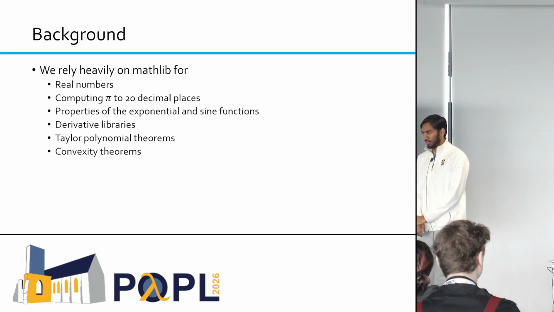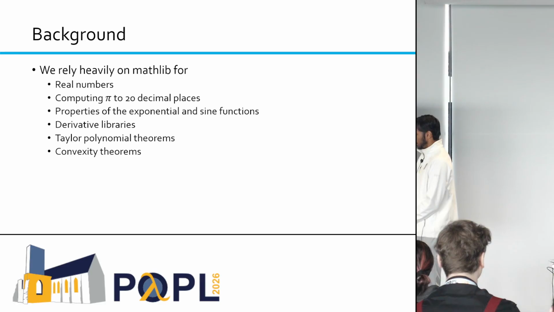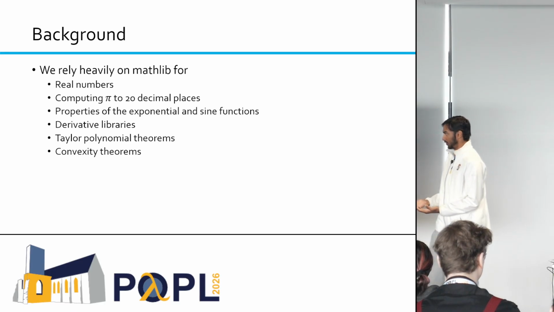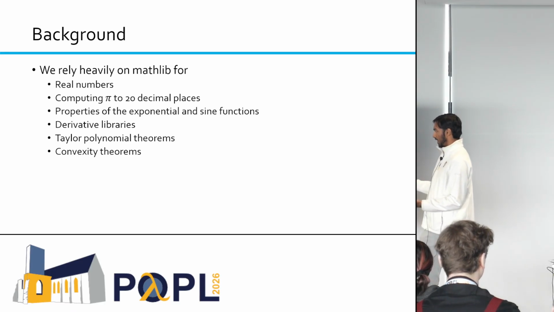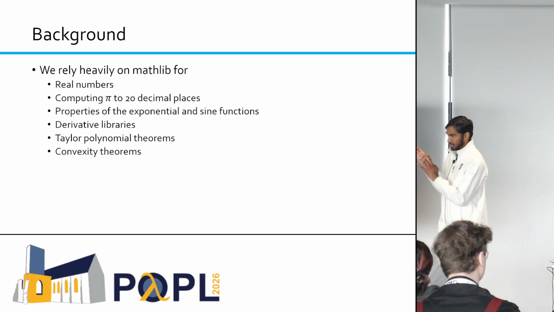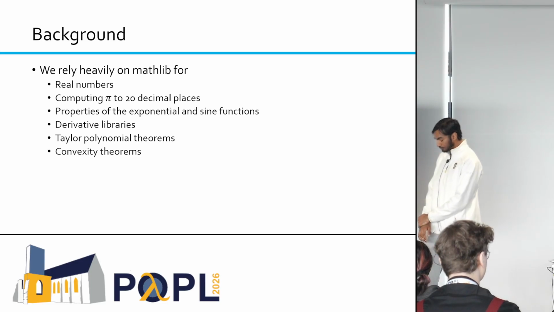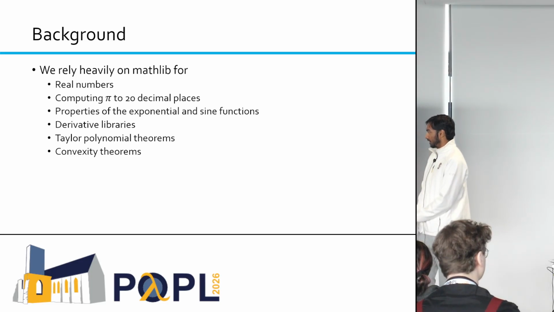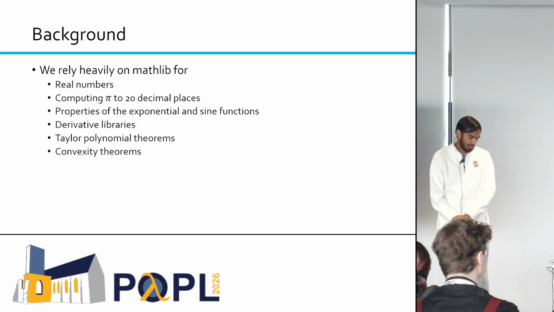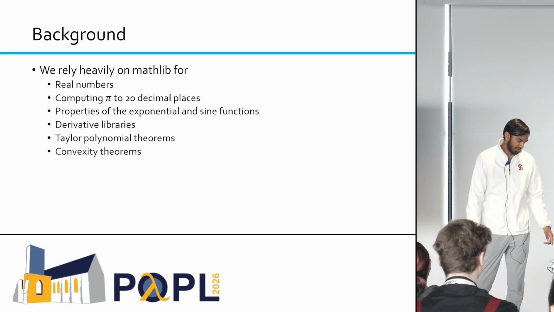Earlier in the talk, I said trigonometric functions, but really the proof calculus only deals with the sine function because other trigonometric functions can be expressed in terms of sine. For example, cosine is just a phase shift of the sine function, and tangent is just sine divided by cosine. So we just focus on exp and sine. We also use derivative libraries, Taylor polynomial theorems, and theorems about convexity.